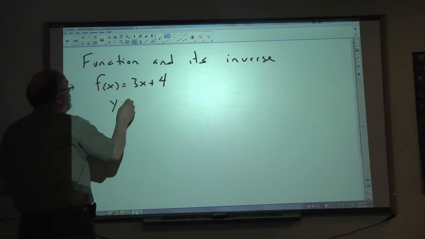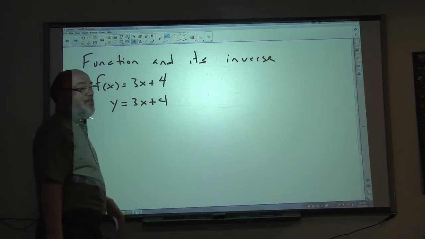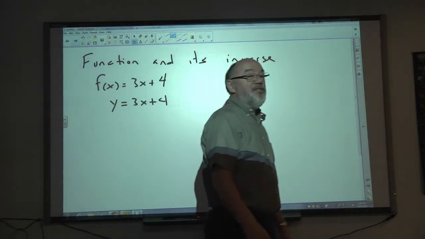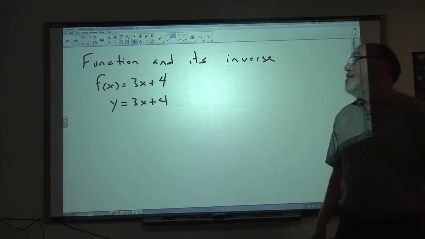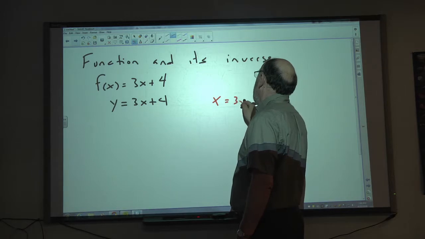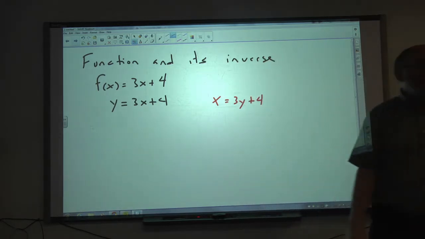So let's say this is y equals 3x plus 4, right? I want to write the inverse. Well, to write the inverse, all you have to do is flip-flop x and y. And so now this becomes x is going to equal 3y plus 4, right?